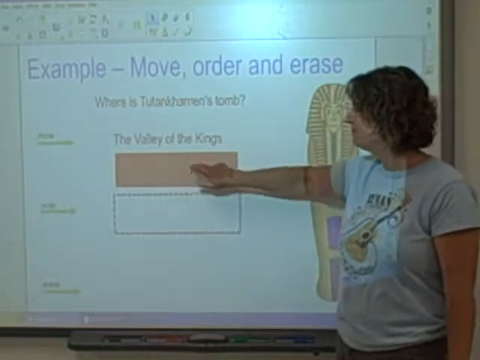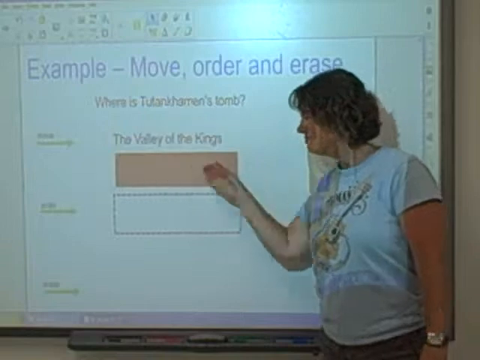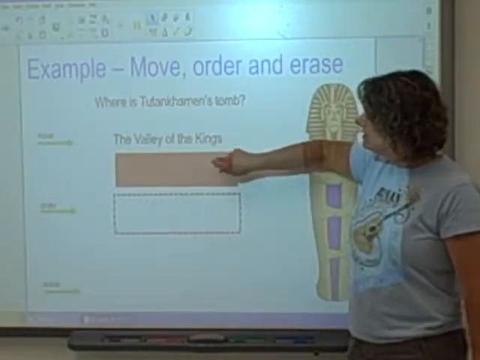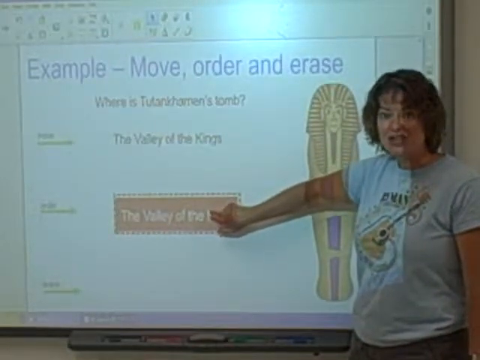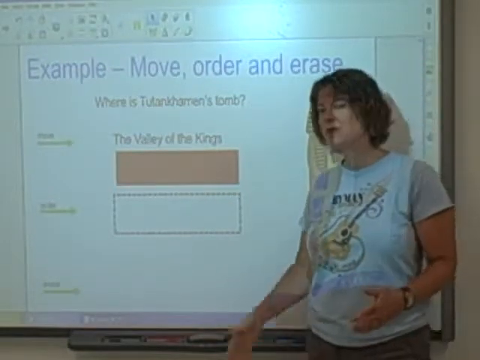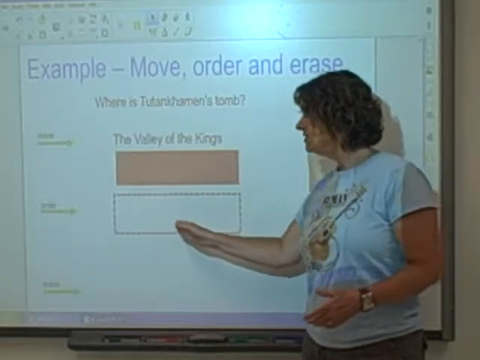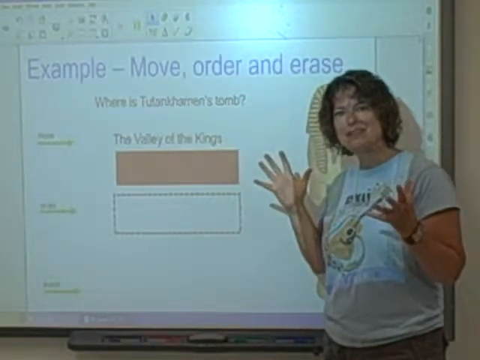In order and reveal, we actually need this box again, this object, and we're going to slip it into the dotted box, revealing our answer. In this one, we actually have 3 objects. We have the text box that we've made the same color as the background of our dotted box, making it seem to disappear.